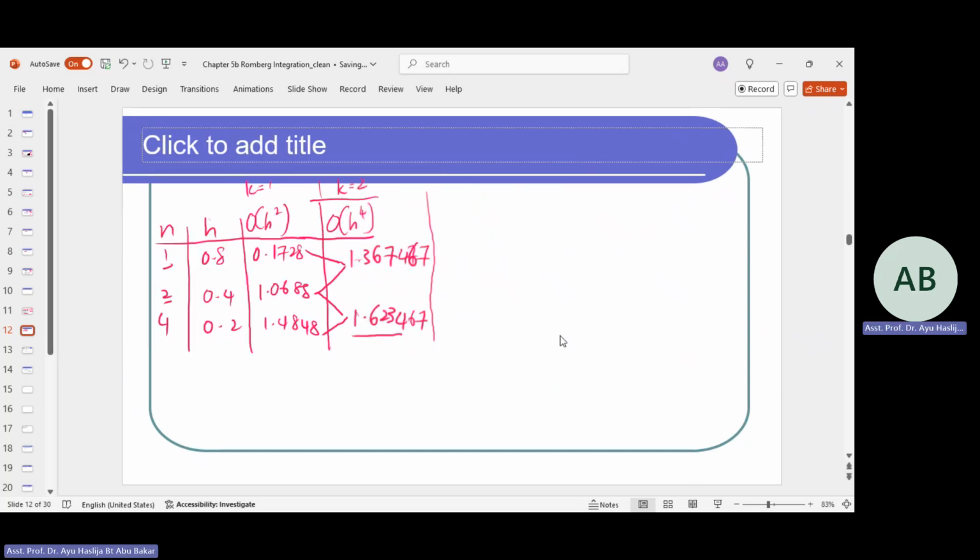Okay, if you want to go to the next level, which is K3, equivalent to O(h^6), you must have two values of integration. Now we have two values over here. Using this, you will get your value over there. But for O(h^6), you need to use the O(h^6) equation.